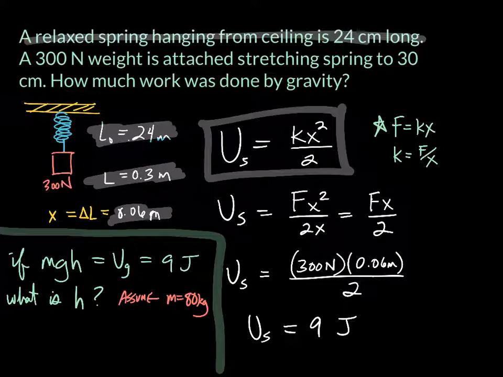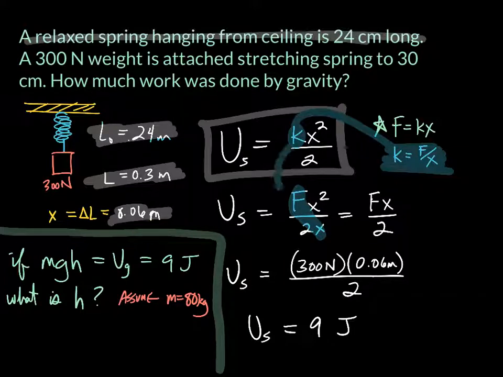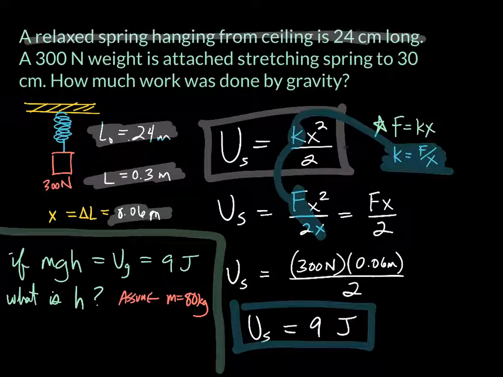I have to use Hooke's law, which tells me what k is in terms of the force and stretch relationship. And so k becomes F over x, as we can see right here. If you plug and chug all the numbers, we get down to 9 joules. Simple calculation.